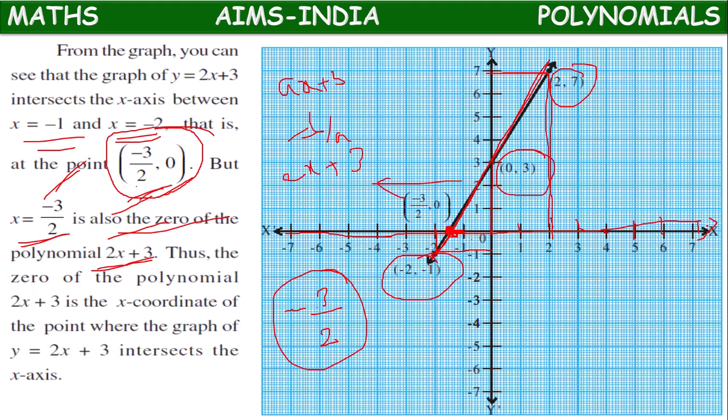So on the graph, the graph of y equal to 2x plus 3 is a straight line. That straight line intersects the x-axis at some point, and at that point the x value will be the 0 of the polynomial.